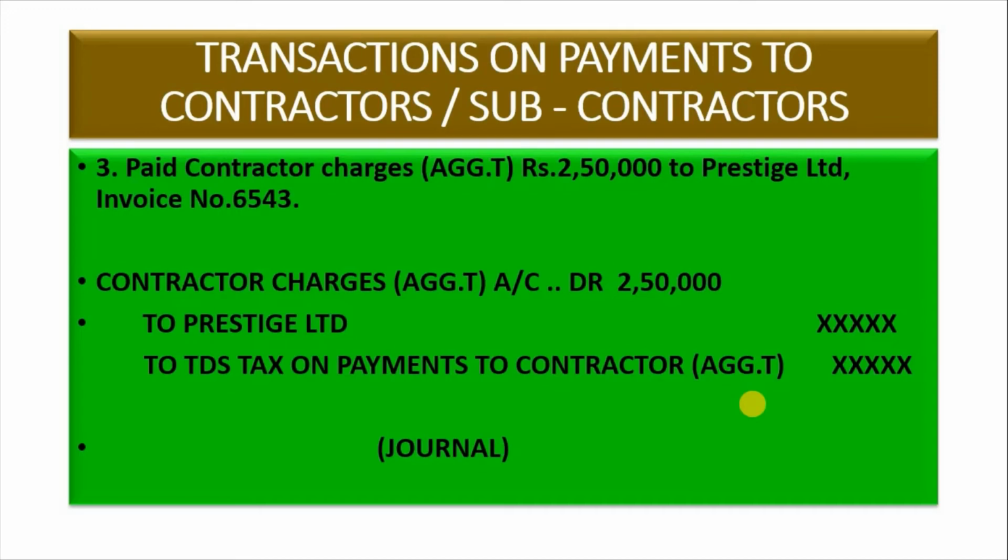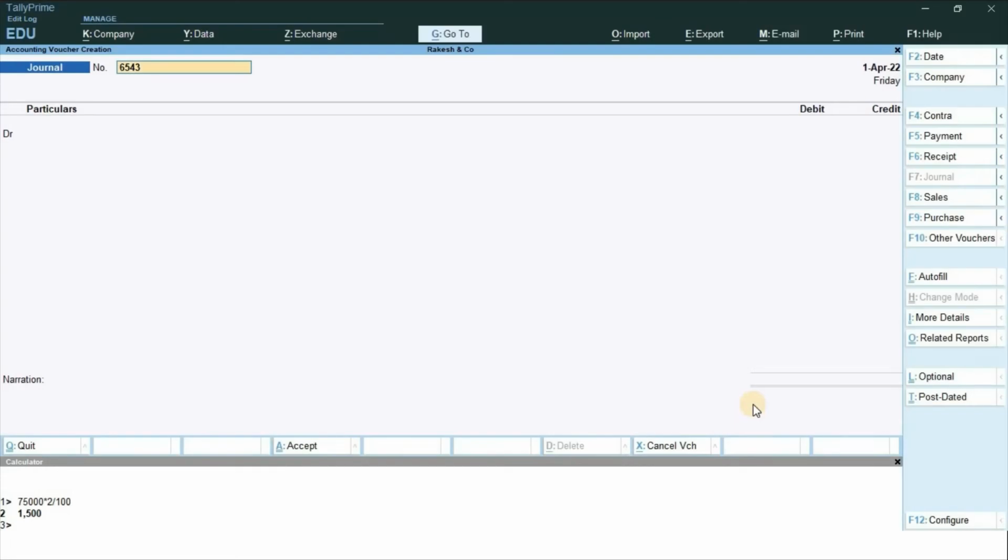Suppose contractor charges for aggregate of transaction is rupees 1 lakh, there is no TDS tax. If it crosses more than 1 lakh, then only it will calculate TDS tax. Otherwise, it won't calculate TDS tax. I will show an example. Just see the example.